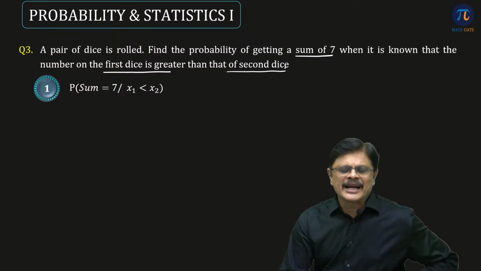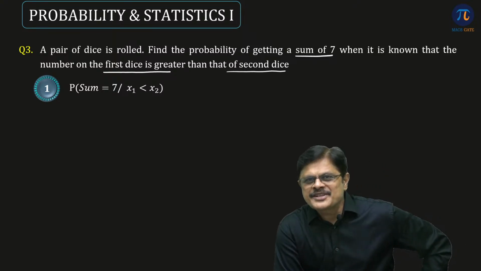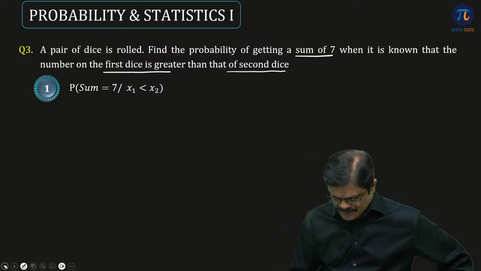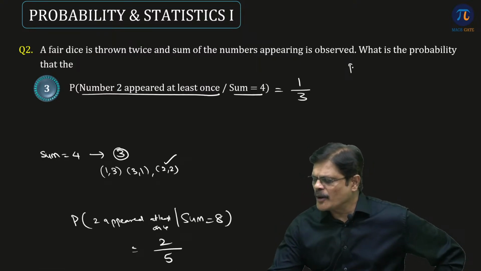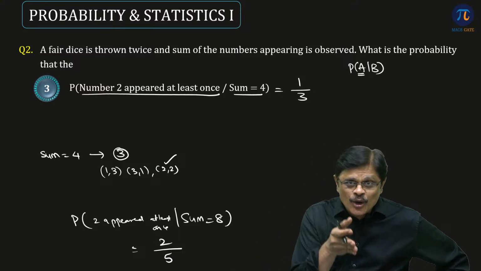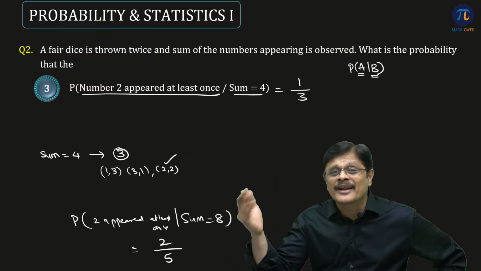Actually in conditional probability, the most common mistake people make is when you are writing, for example, probability of A given B, you should identify what is happening now and what has already happened.